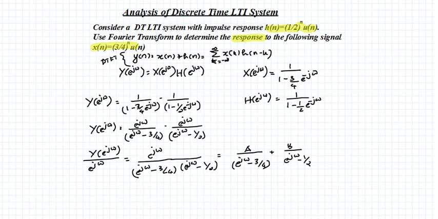I can rearrange this, so it becomes a into (e raised to j omega minus 1 by 2) plus b into (e raised to j omega minus 3 by 4), and the denominator is equal to (e raised to j omega minus 3 by 4) into (e raised to j omega minus 1 by 2).